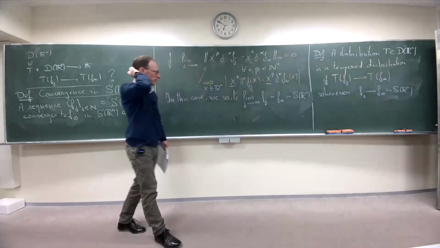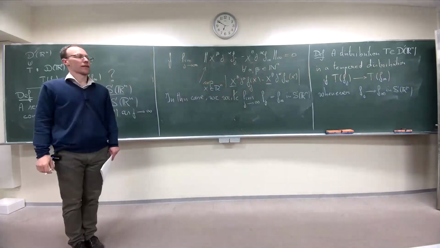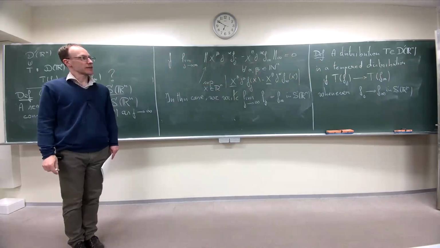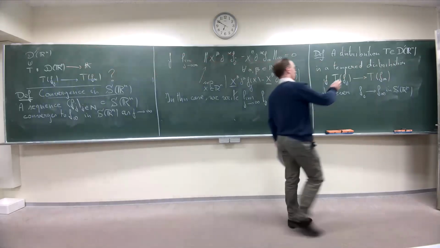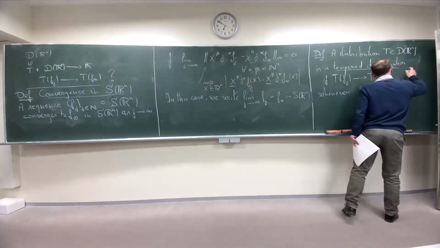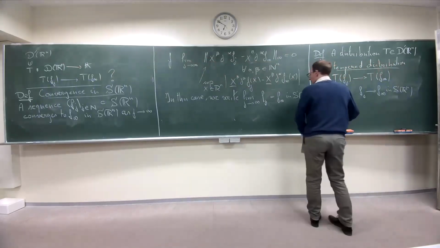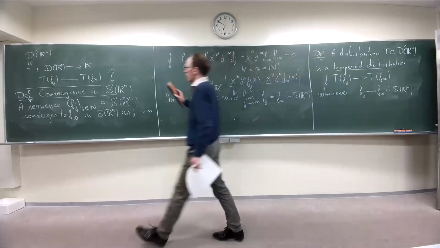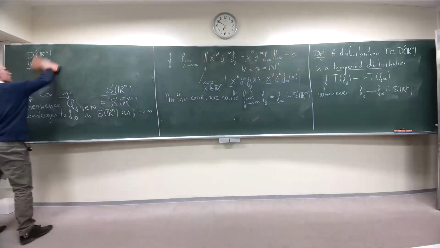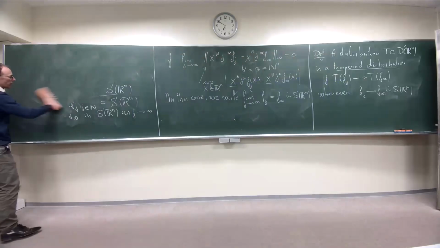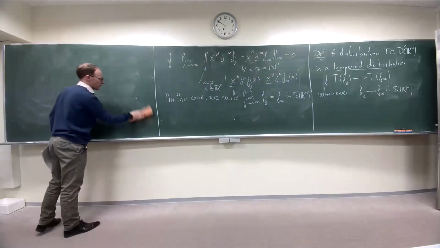I will make a picture in a second. So this is a definition of a tempered distribution. And we will see that it's slightly different than the regular distribution, than an arbitrary distribution.